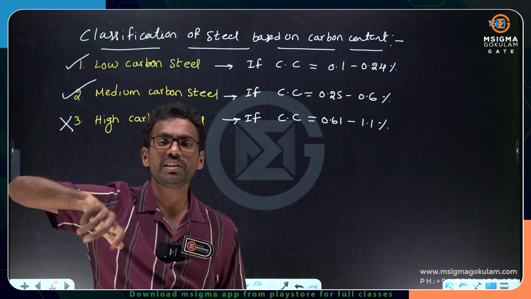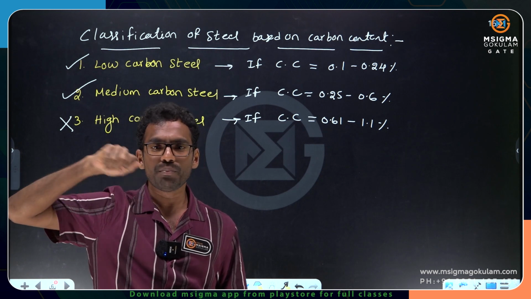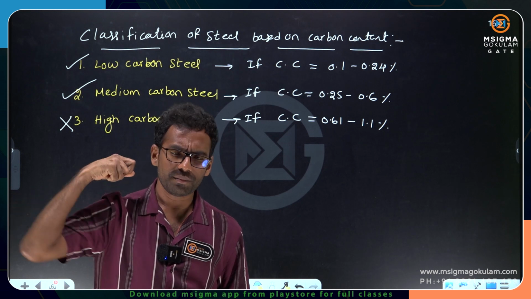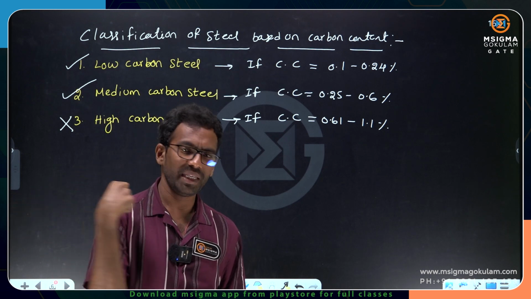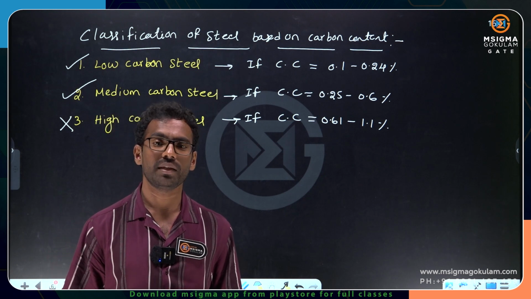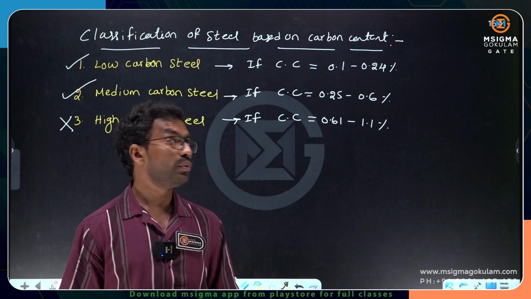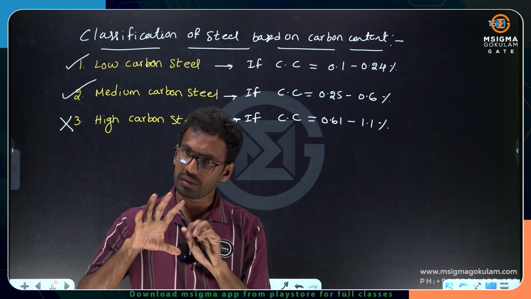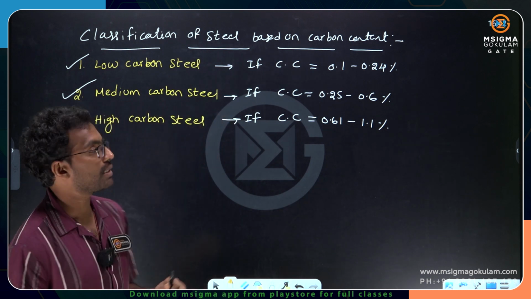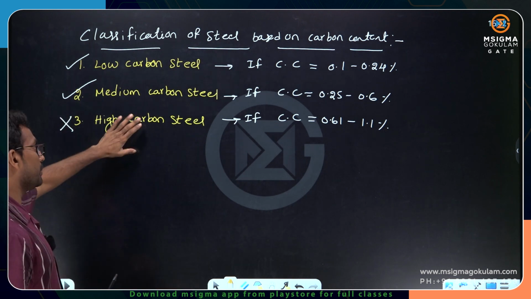That is why punching machines, drilling machines, bore holes, or any other machines which are going to crush the material, that kind of use, we go for high carbon steel. All kinds of punching machines and drilling machines are basically made of high carbon steel.